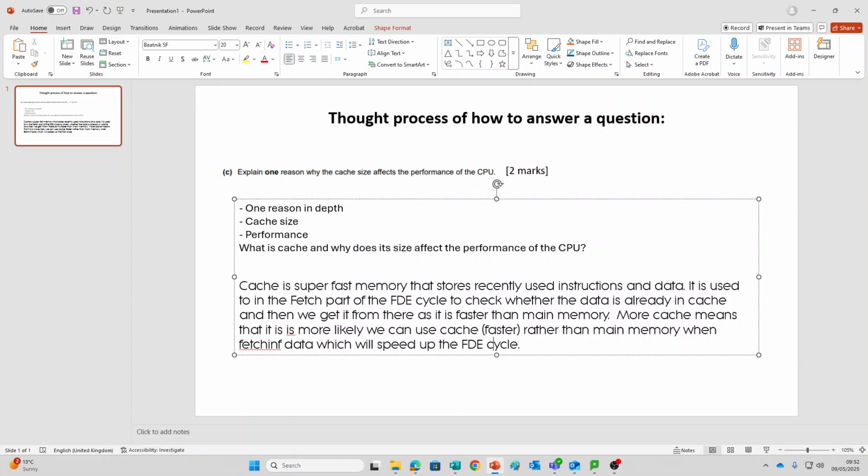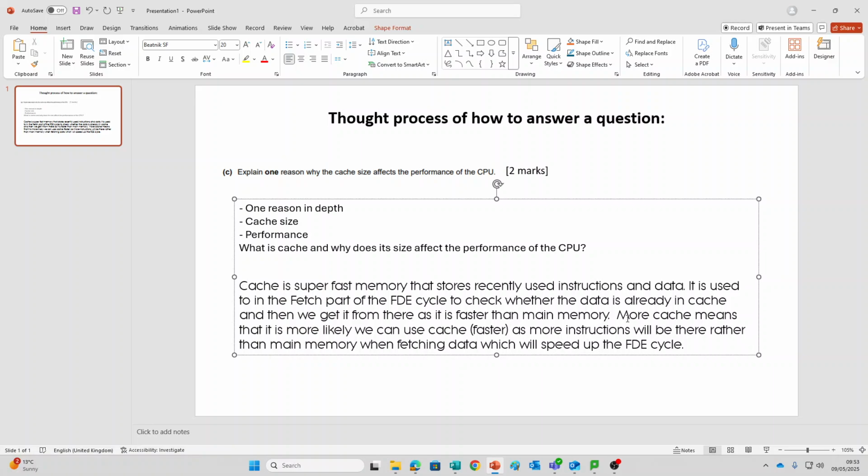Now I've written a lot there, and that might seem a lot for 2 marks. More cache means it's more likely we use cache, as more instructions will be there. I'll put faster next to cache, rather than main memory when fetching data, which speeds up the FDE cycle.